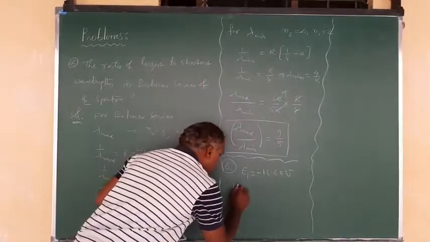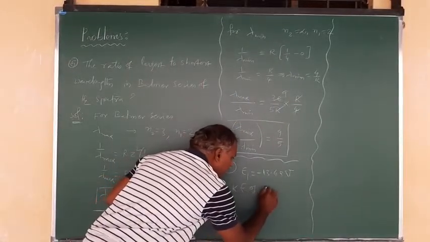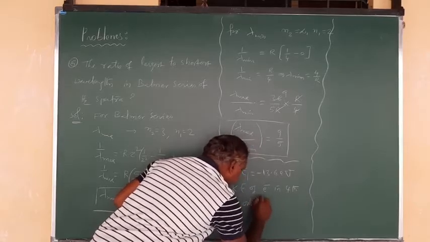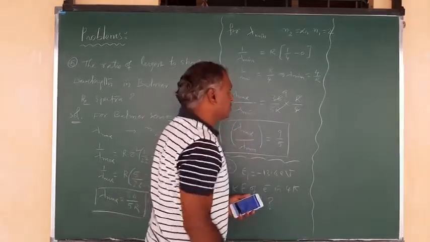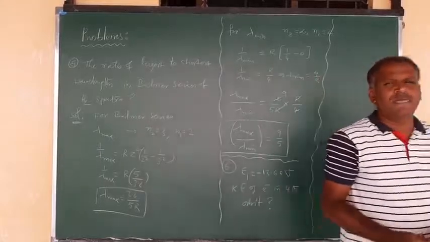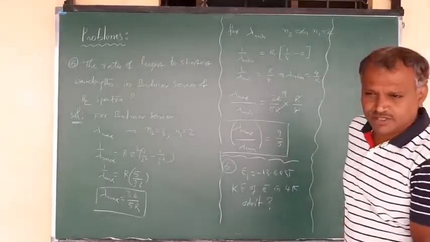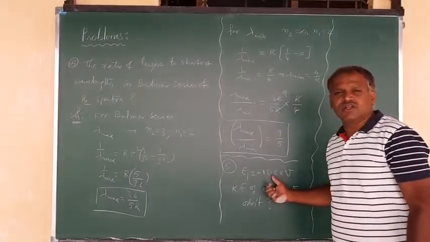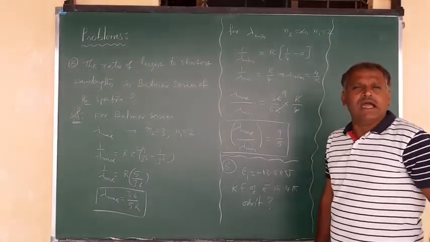So what is the kinetic energy? First, let us find out the total energy of the electron in the fourth orbit, given the ground state energy of minus 13.6 electron volts.